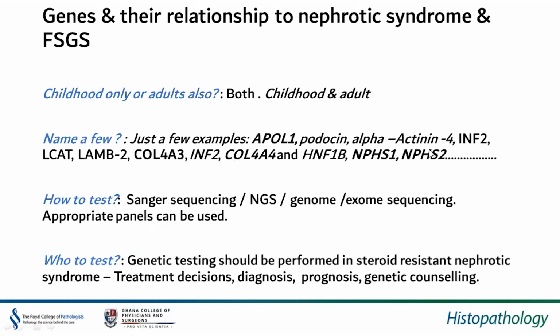Then the NPHS1 and NPHS2 genes, which are due to defects in nephrin and podocin, which are both components of the slit diaphragm. And how do we test for these genetic defects? We have Sanger sequencing, next-gen sequencing, genome and exome sequencing, and appropriate panels can be used.